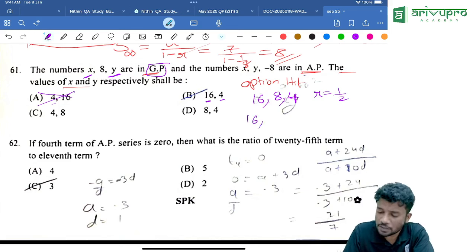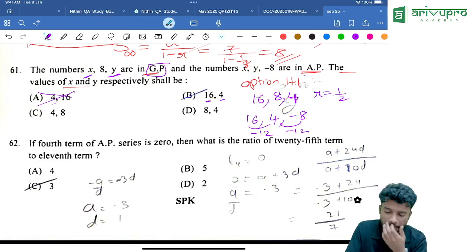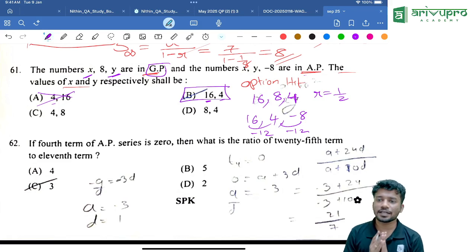That means 16, then the next number is 4, next number is minus 8. Check the common difference. 4 minus 16 is minus 12. Then minus 8 minus 4 is minus 12. That means they are in AP. That's your answer. Is it clear, people?